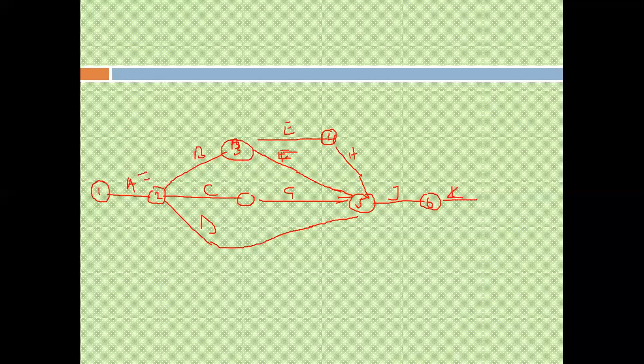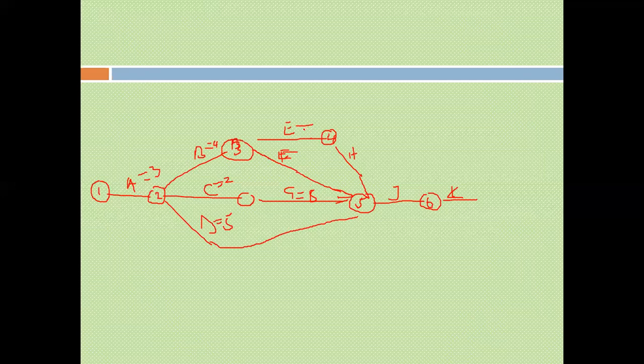Now suppose A is 3, suppose B is 4, suppose this is 2, suppose this is 5, and suppose G is 8. Suppose this event here is 5. Suppose that this is 10, and that this is 3. This becomes 4. Let's finish K at 1. So this is 7. Now the earliest completion time here, at the very beginning, is 0.